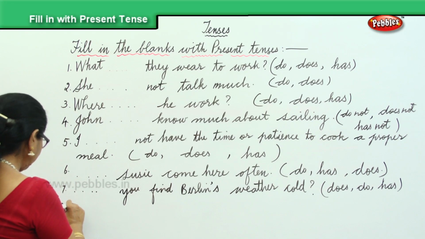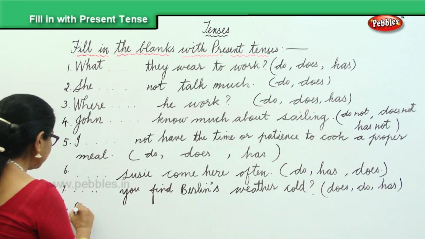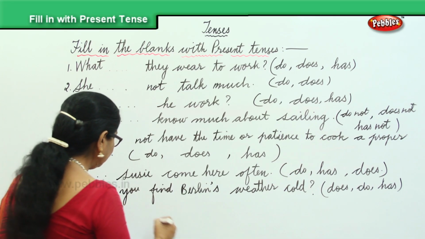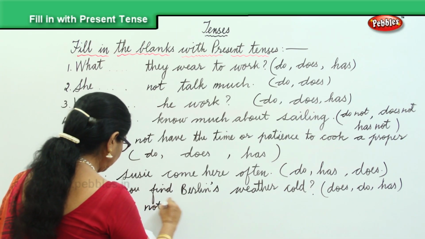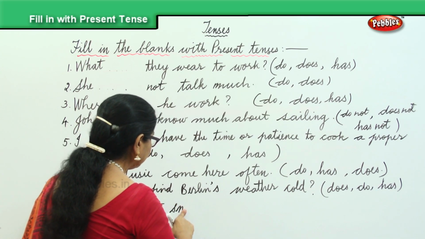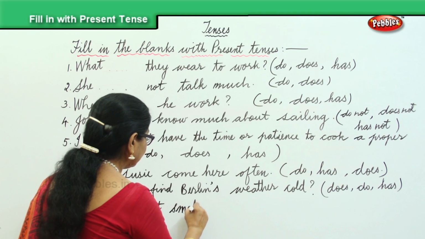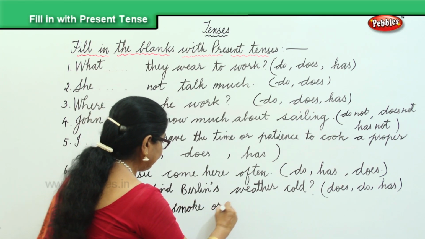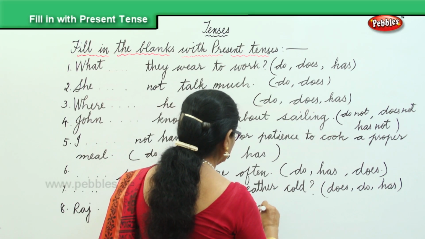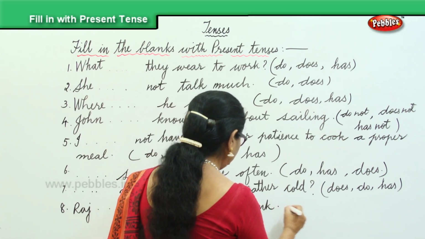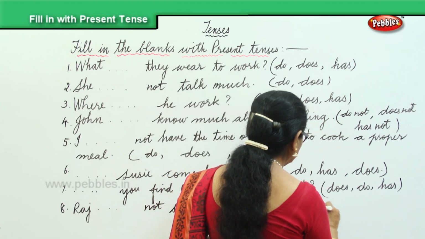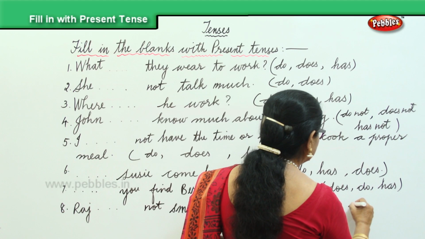And the next one, Raj dash not smoke or drink. And the verbs are has, do, and does.